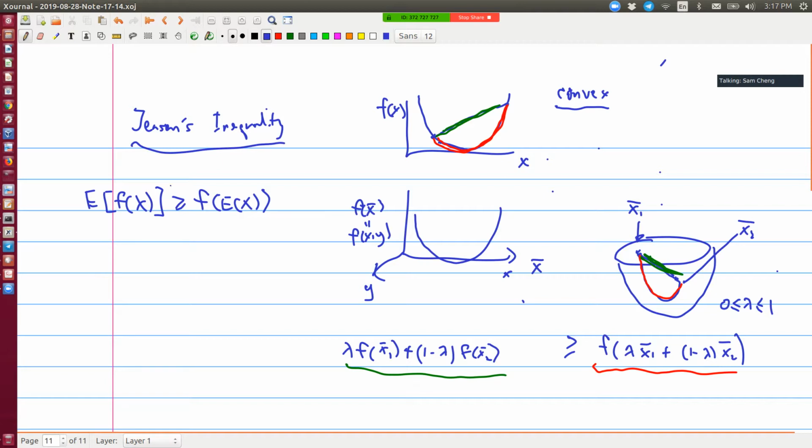I'm talking about Jensen inequality again. We have a function f which is convex and satisfies this inequality here. Basically, if you connect 2 points on the function, and the line of that interpolation is above the curve of that function, then we have the Jensen inequality. Here x is a random variable, and f of x is of course also a random variable.